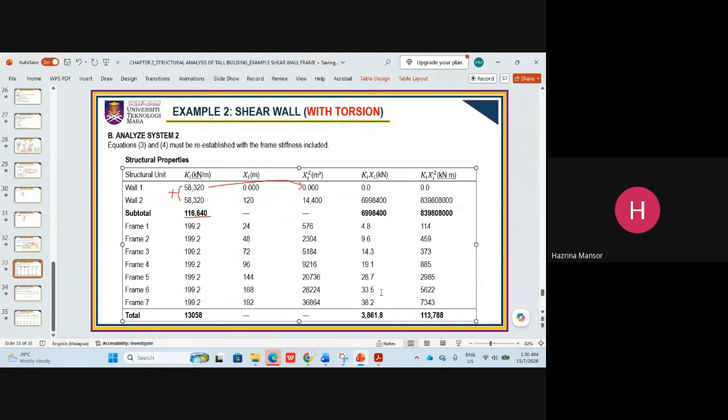Okay, so then you need to sum up these values, which is 4.8 plus 9.6 plus 14.3 plus 19.1 plus 28.7 plus 33.5 plus 38.2. So you have here around 148.2.